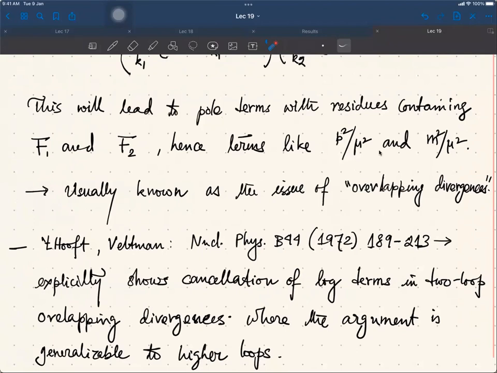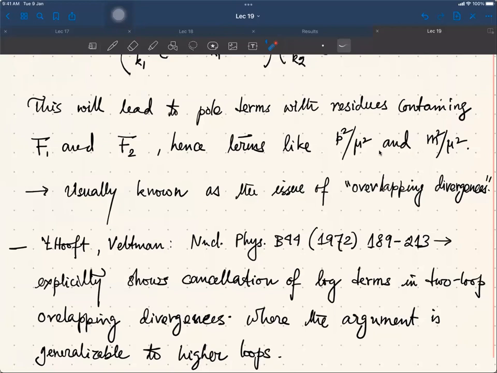For example, in the renormalizable situation, when we have phi-fourth theory in 4 dimension, we have only the 2-point function and 4-point function. The 2-point function will have mass dimension 2, and the residues should have p square dependence only through p square and m square.